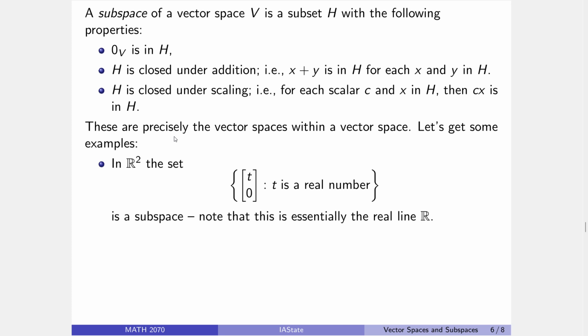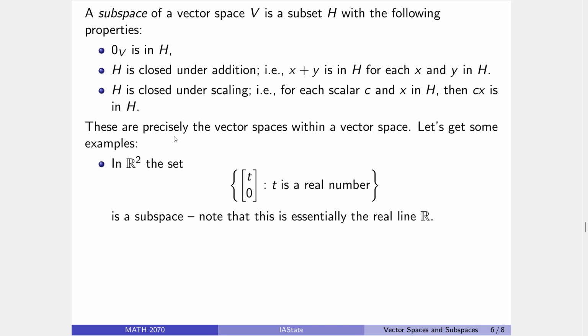Obviously, the 0 vector is in here. Adding 2 elements that look like this will still look like this, and scaling an element that looks like this will look like this. So it's a subspace, and note that it's basically just the real numbers, which we also know have to be a vector space, because I have scaling and adding defined there. Scaling is just multiplying. It's a copy of the real line living in R2, so I've always thought this was a good example to always keep in mind.